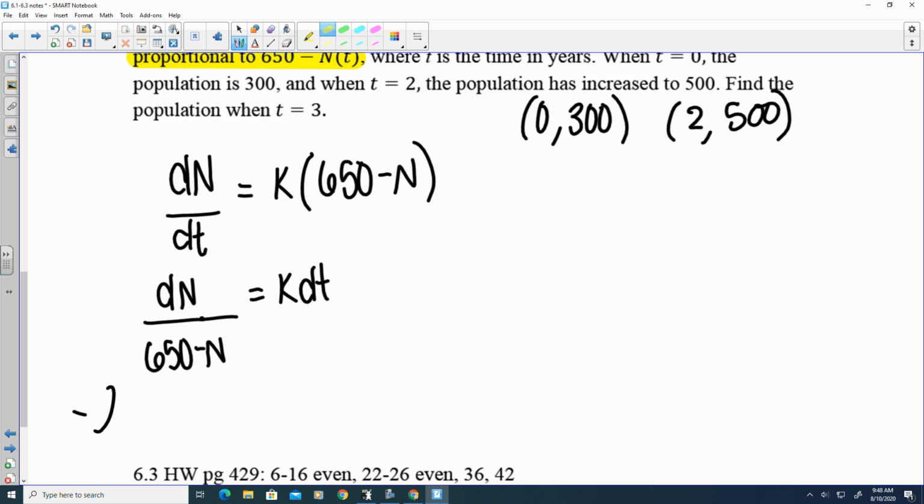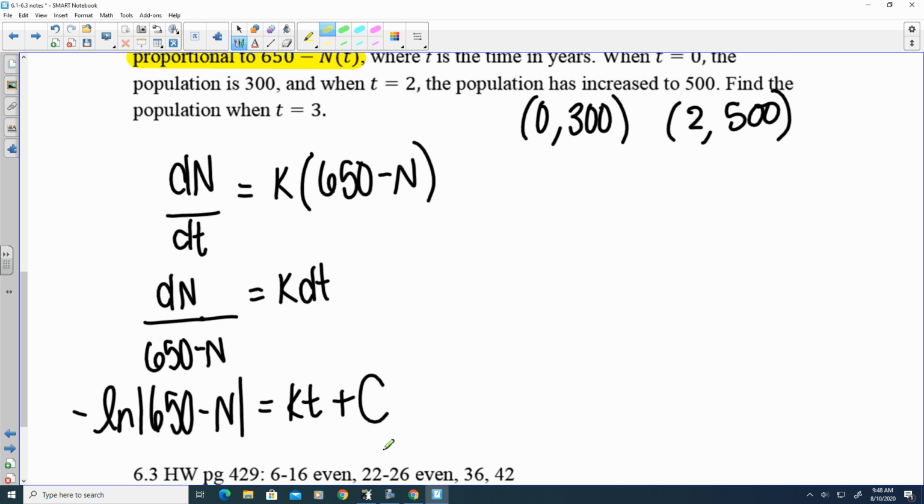We're going to have negative natural log absolute value of 650 minus n. That negative is there because if I did u substitution, because of the negative n, we would have an extra negative. And then the right is kt plus c.